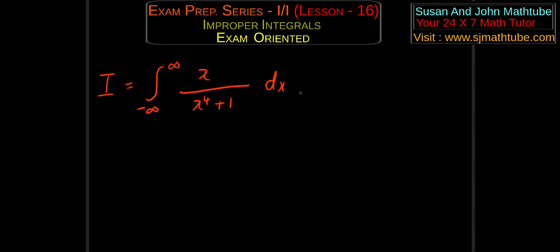Even if they don't use the word improper integral, you will be able to understand by just looking at the limits. Okay, now what we do is on one side of your copy, you write the integral without limits. Okay, and now let's think how to integrate this.